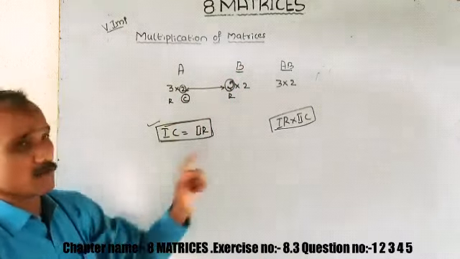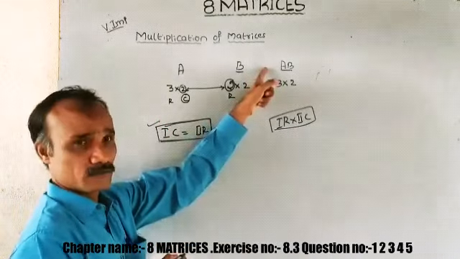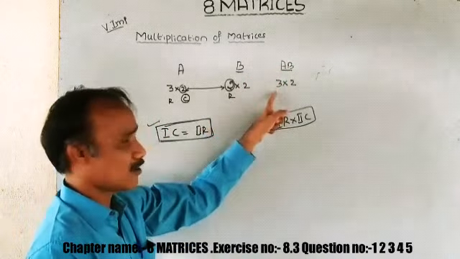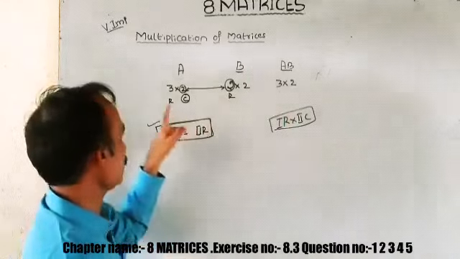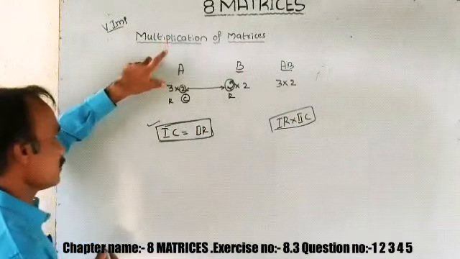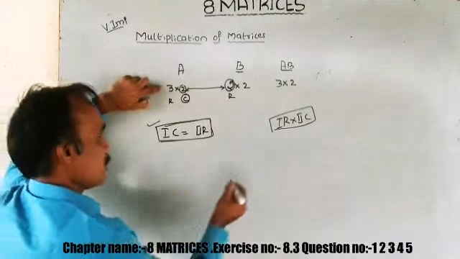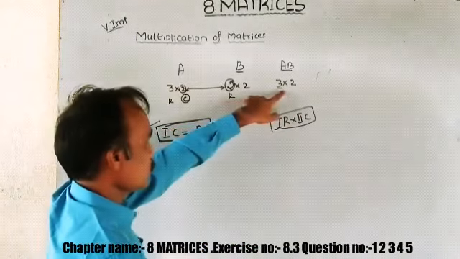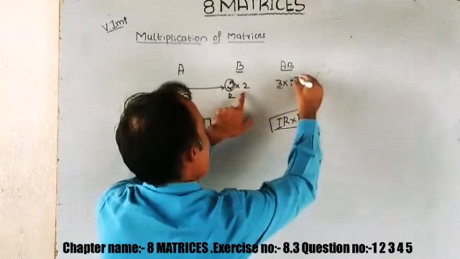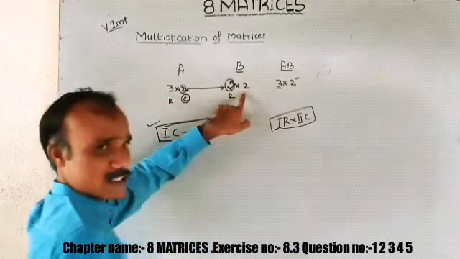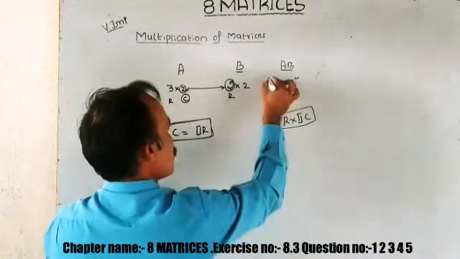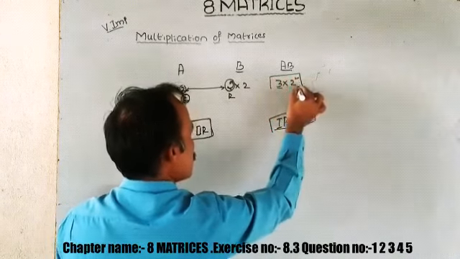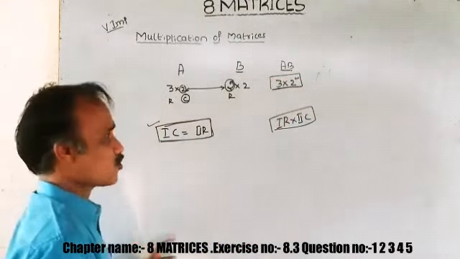The obtained matrix, meaning the product, is of an order that is also very important. Rows of the first matrix, 3, into columns of the second matrix, that is 2. So the order of AB is 3 cross 2.